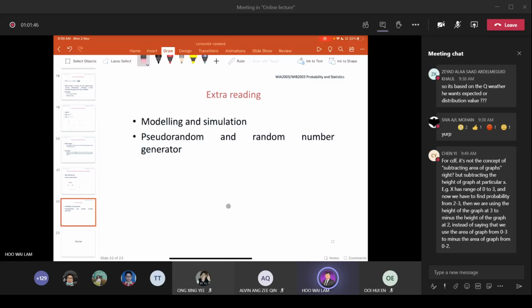So this is one thing that we apply in modeling and simulation. If you are more interested, this is the whole second level on probability extensions. And of course, there's also something called pseudo-random and random number generators that I want to tell you a bit about.